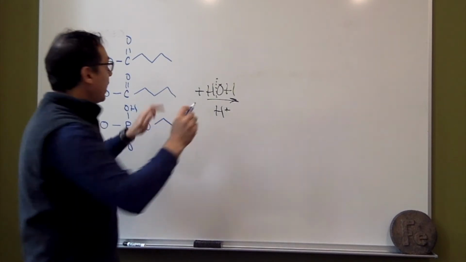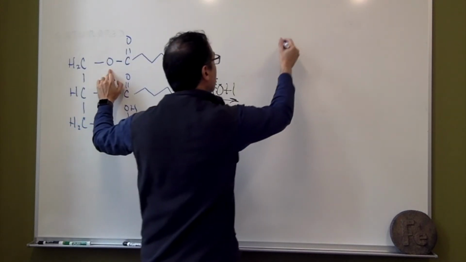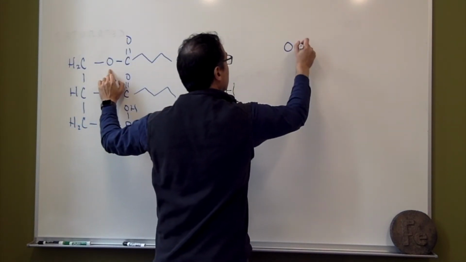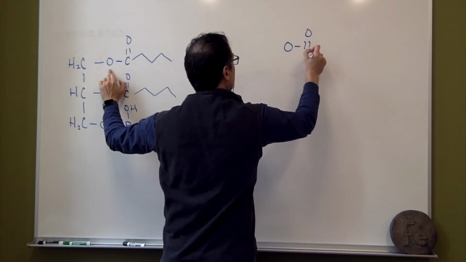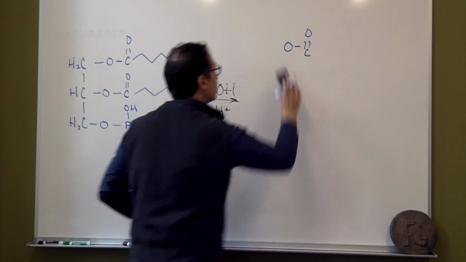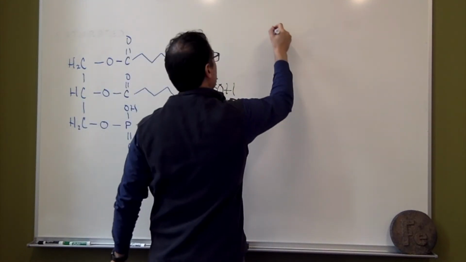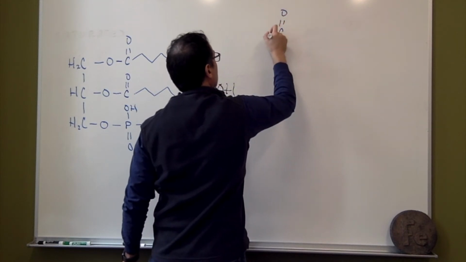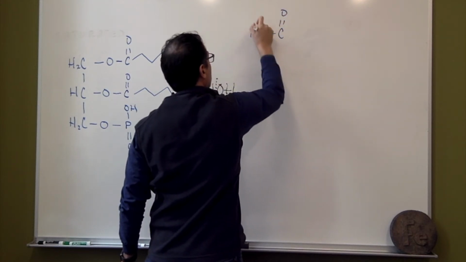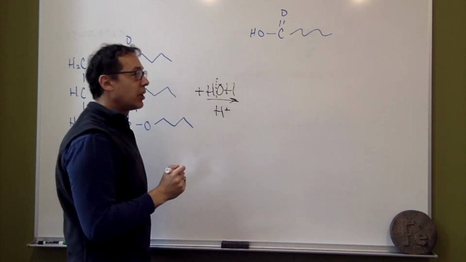That's going to give us a carbon, double bond oxygen, and OH like this, and then our carbon chain coming off like that.